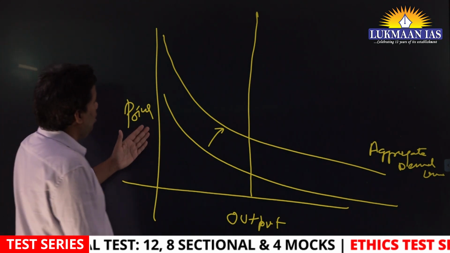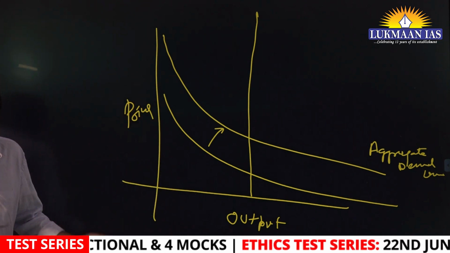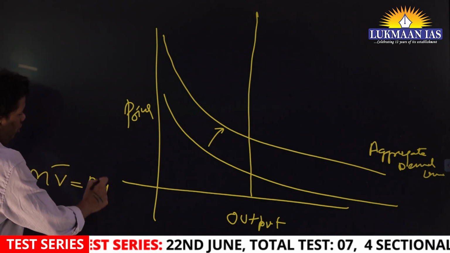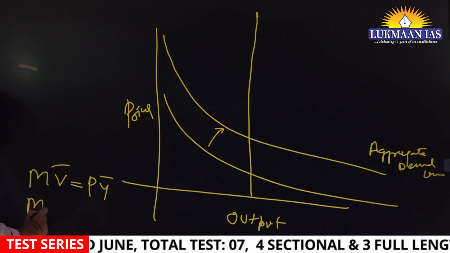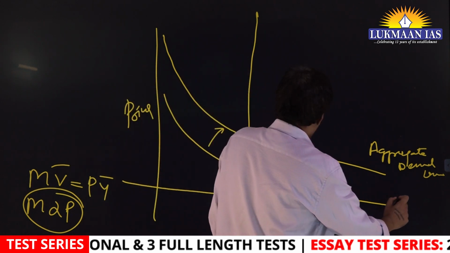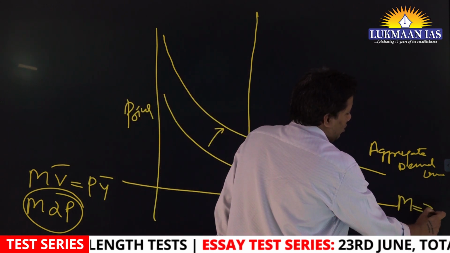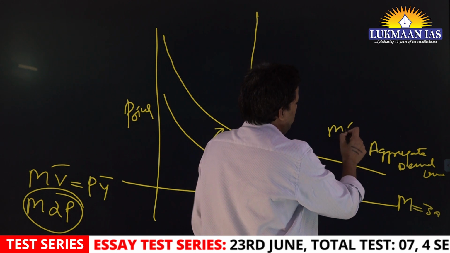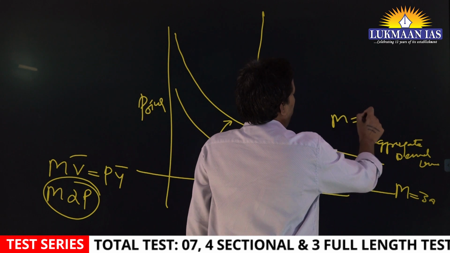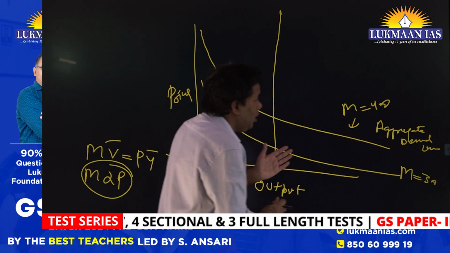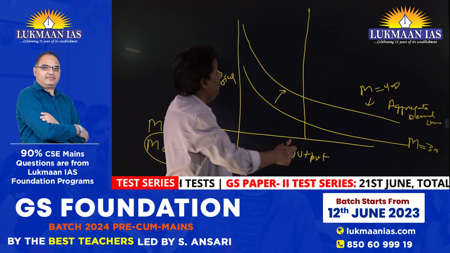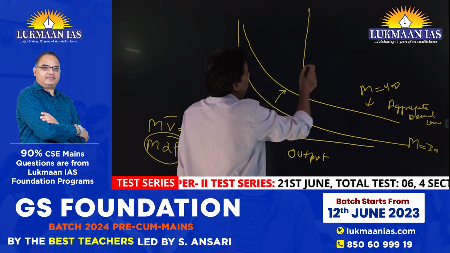Because prices will increase, right? Just now we saw that MV is equal to PY, right? So what we saw, money supply is directly proportional to price. Let's say here money supply is equal to 300, and here money supply is equal to 400. So whenever you increase the money supply, your demand curve will shift to the right, and this is your supply curve.